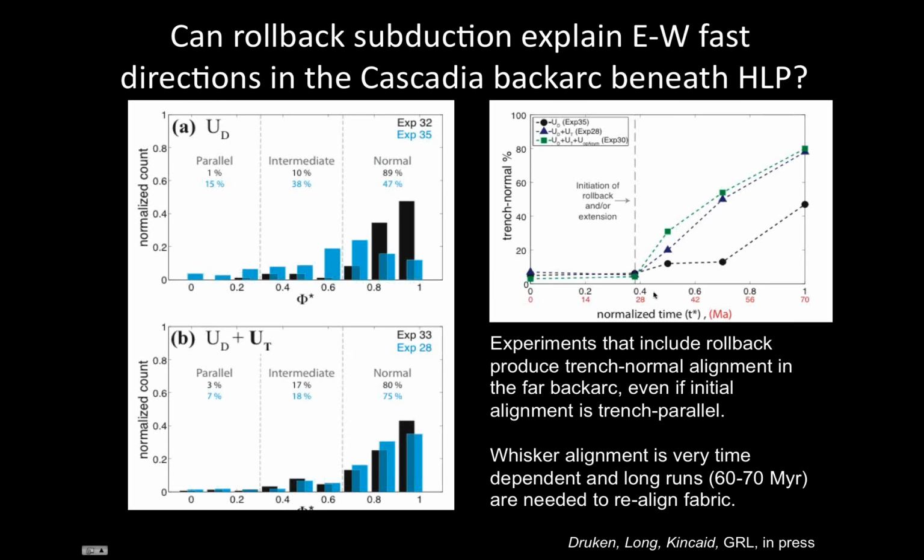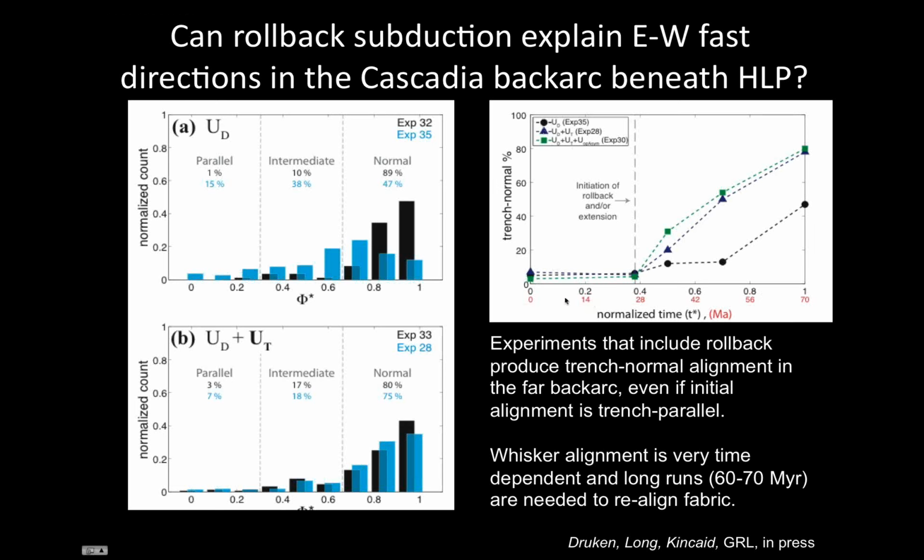This also shows up when you look at this kind of time-dependent view. This is a set of experiments where, again, that initial orientation of the whiskers was parallel to the trench, and so basically the flow field is trying to realign them. So two of these experiments, the green and blue ones, have rollback, and then the black one doesn't.